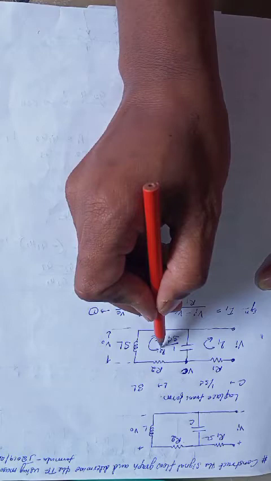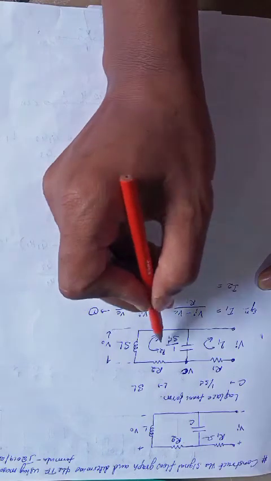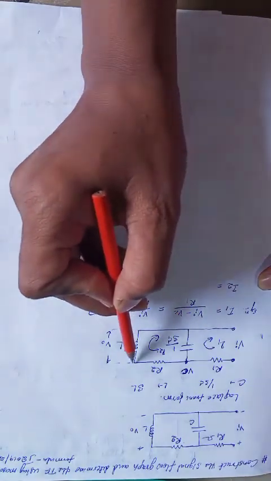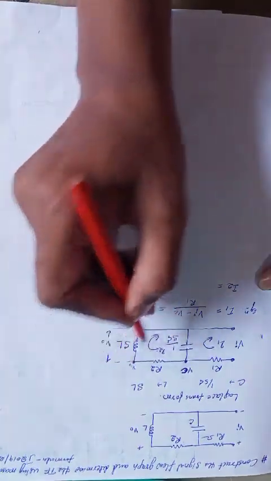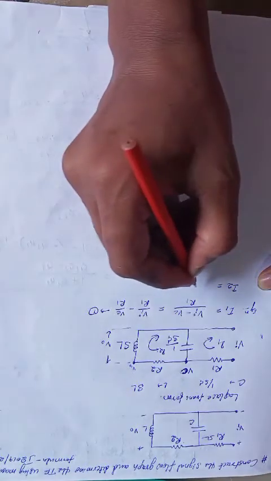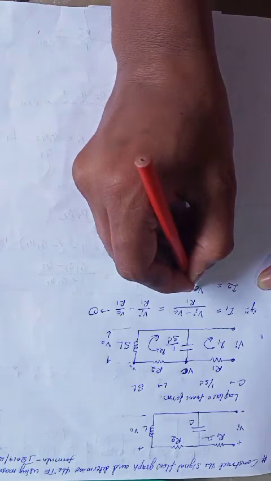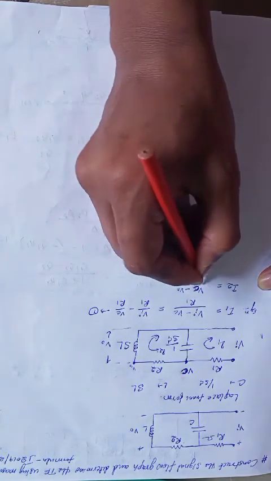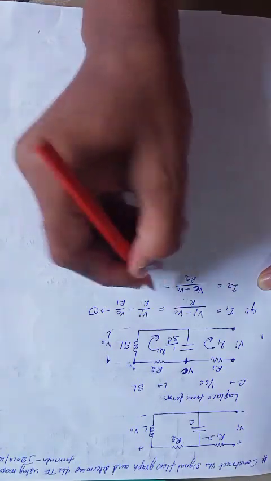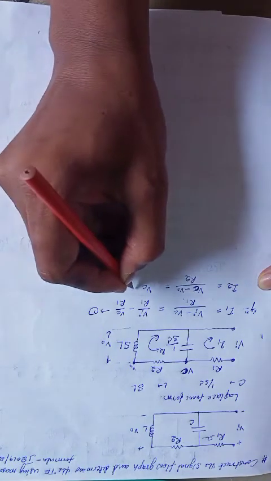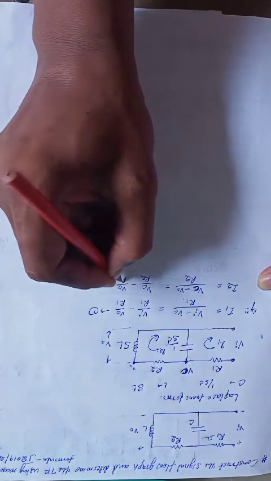Now similarly find equation number 2, that is I2. Here this is V0. This equation I2 equals Vc minus V0 divided by R2, that equals Vc by R2 minus V0 upon R2.